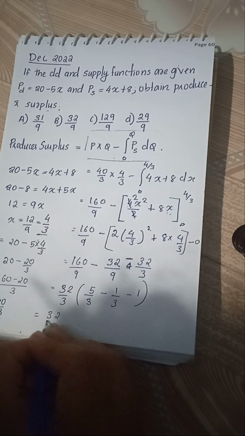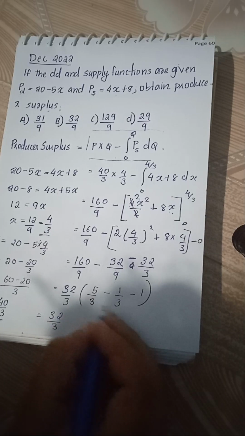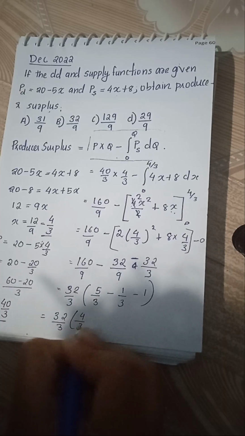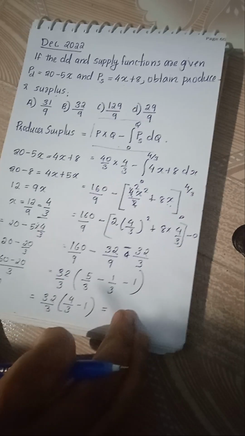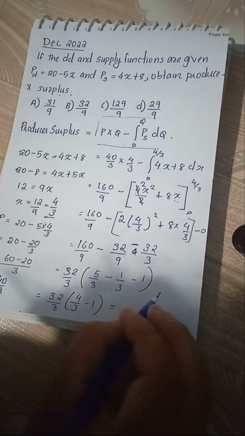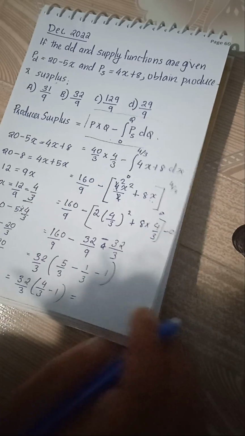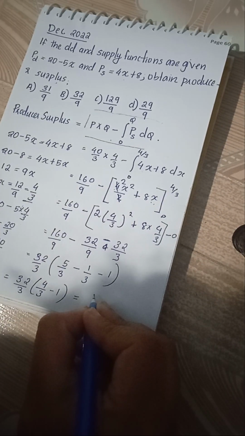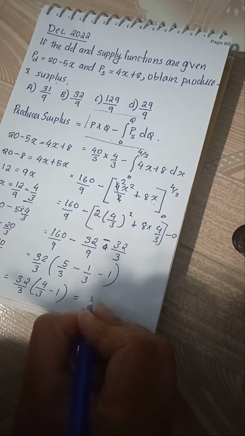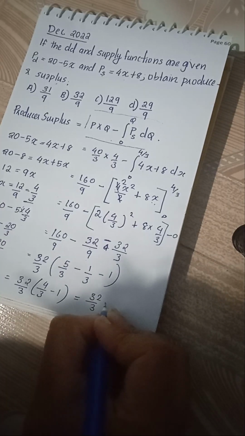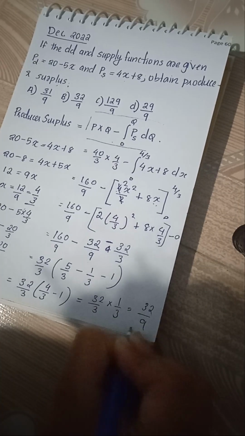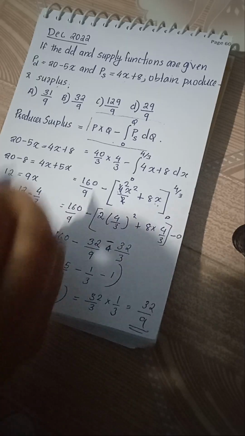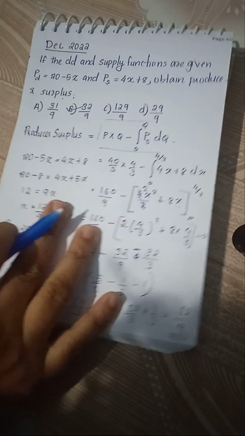We get 32 divided by 3 into 5 minus 1 by 3, that is 4 by 3, minus 1. We get 4 minus 3, that is 1 by 3. So 32 divided by 3 into 1 by 3 is 32 divided by 9. So the producer surplus is 32 divided by 9, that is option B.